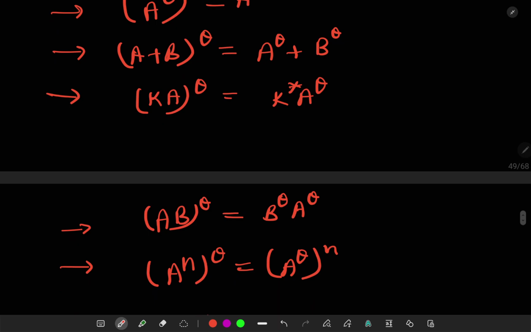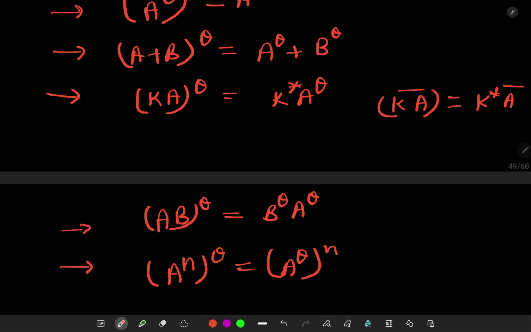Similarly, as we did for the conjugate of a matrix, we write K star A conjugate.